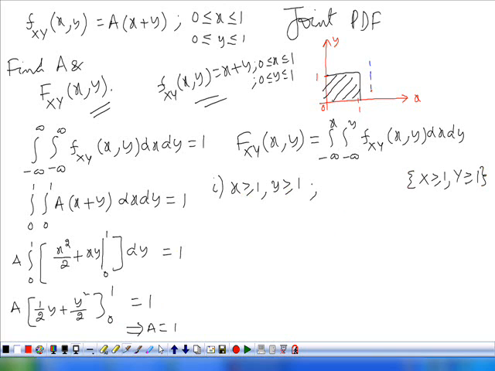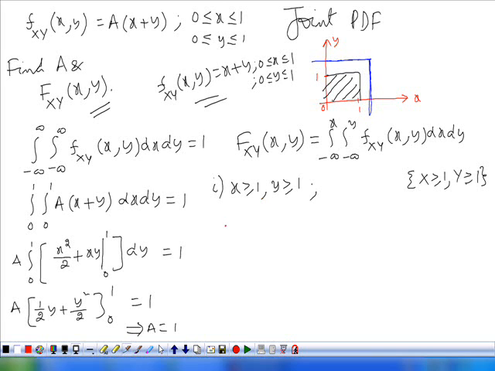So this region is x greater than 1. Similarly, this region is y greater than 1. You can consider this portion and this portion, this region. Is it right?